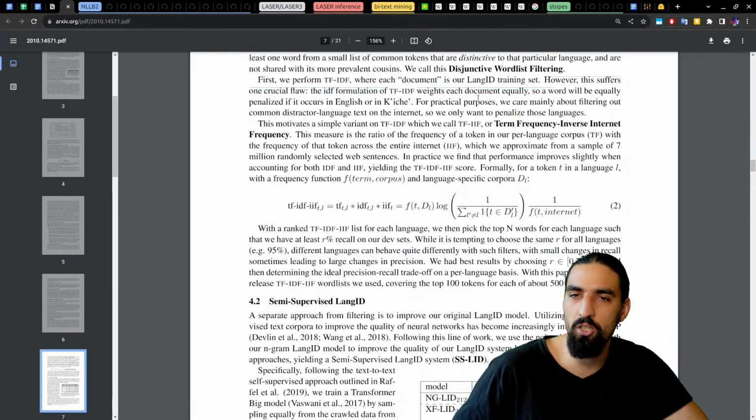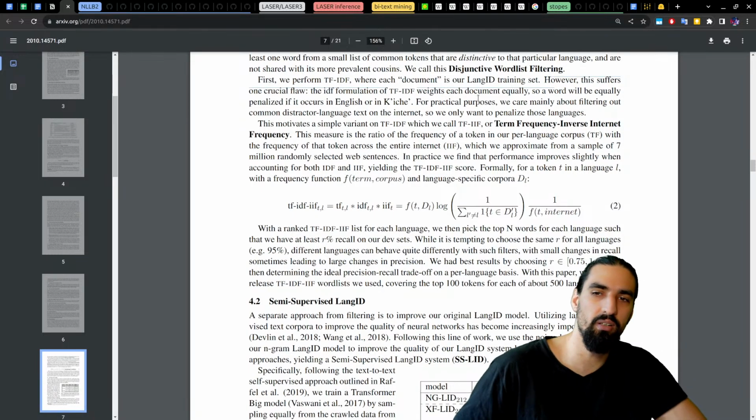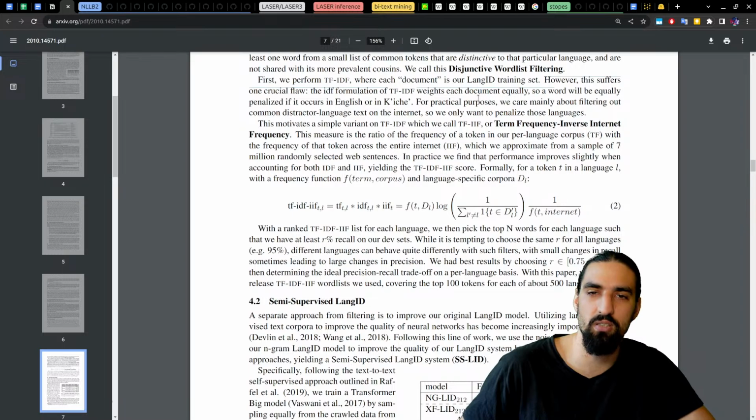This measure is the ratio of the frequency of a token in our per-language corpus with the frequency of that token across the entire internet, which we approximate from a sample of 7 million randomly selected web sentences.